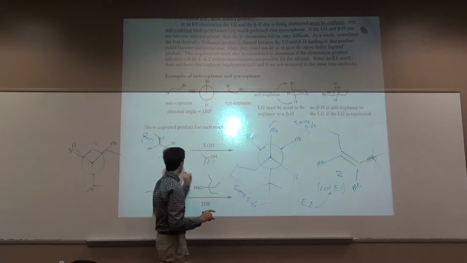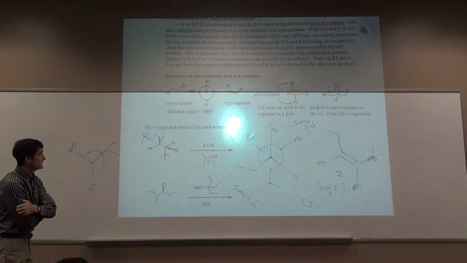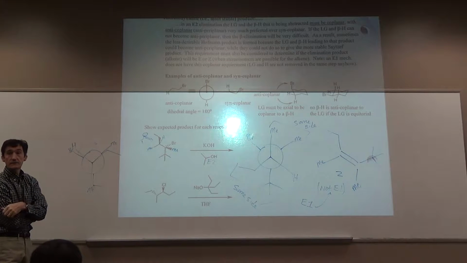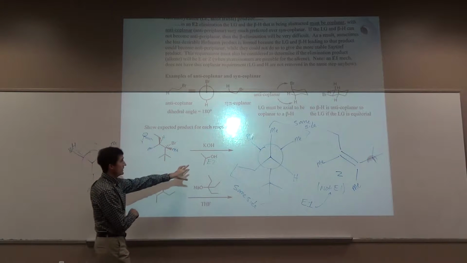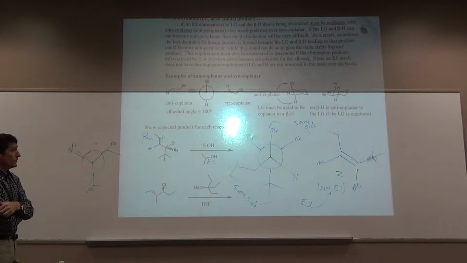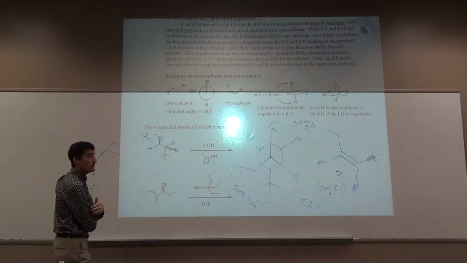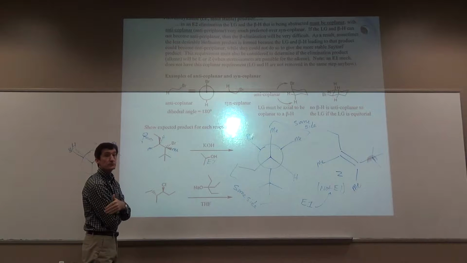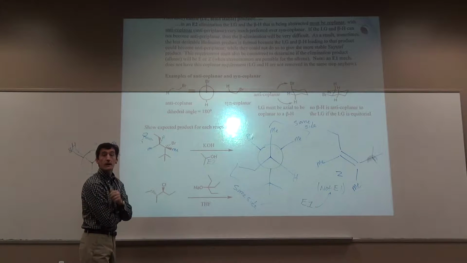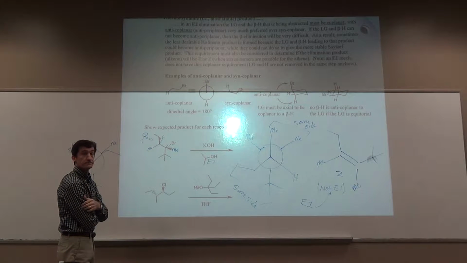By the way, if you wanted to do an E1 here, what reagents would you use? Instead of KOH, isopropanol is just a solvent here. How would you do this E1? What would be the difference in the reagents that you use? It's a weak base. What's a weak base?